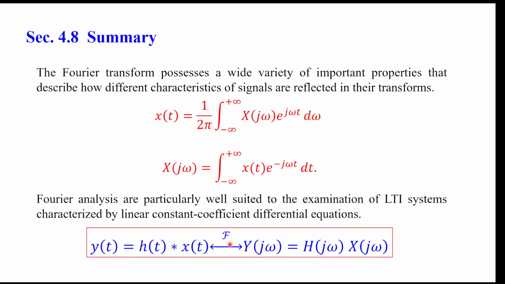If you do the Fourier transform on everything, you see the frequency domain output equals your system function big H multiplied with your frequency domain input. So in the frequency domain, output is just the system function times the input. This is quite cool.